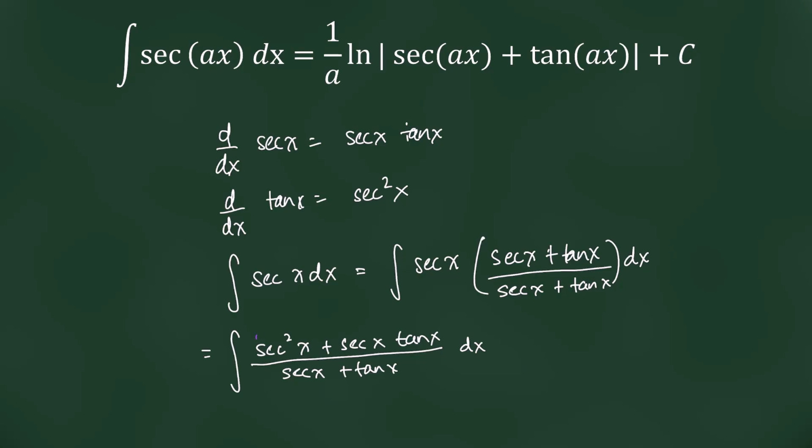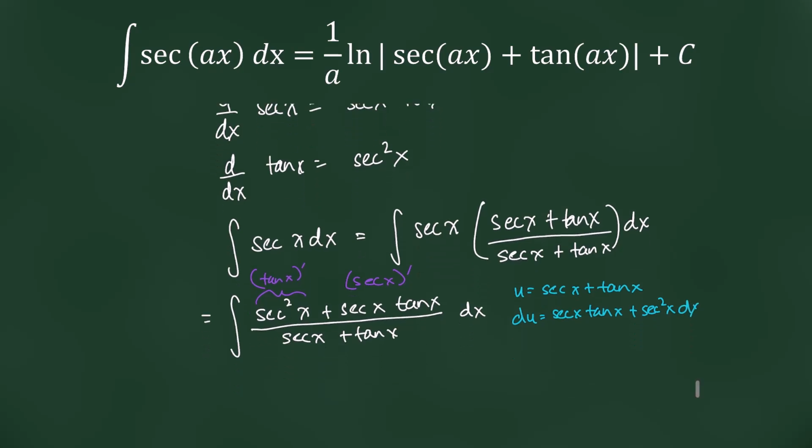And we know that this is the derivative of tangent of x, and this is the derivative of secant of x, so that if we let u be our denominator, secant of x plus tangent of x, then du becomes secant x tangent x plus secant squared of x dx, which is our numerator.